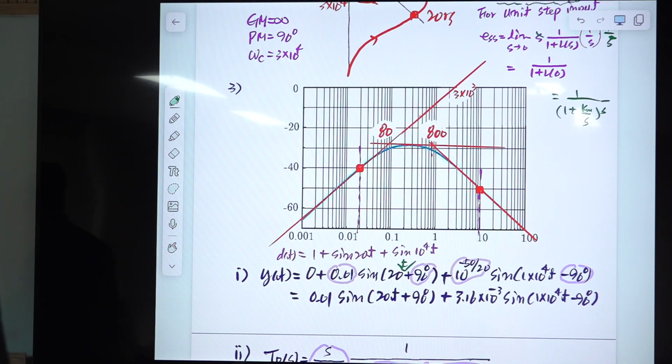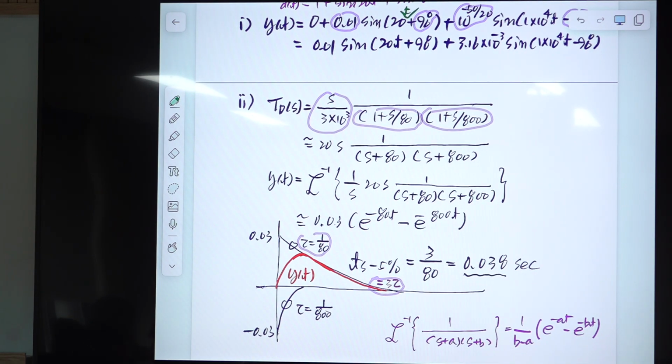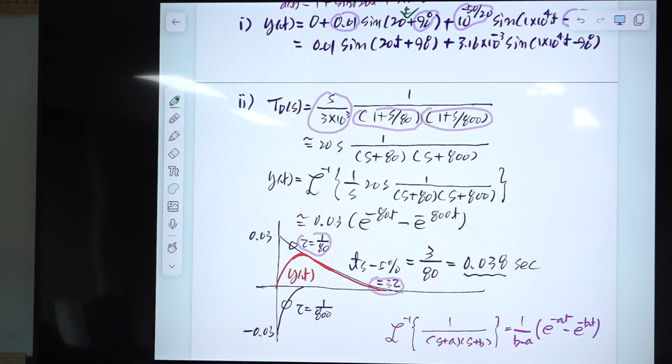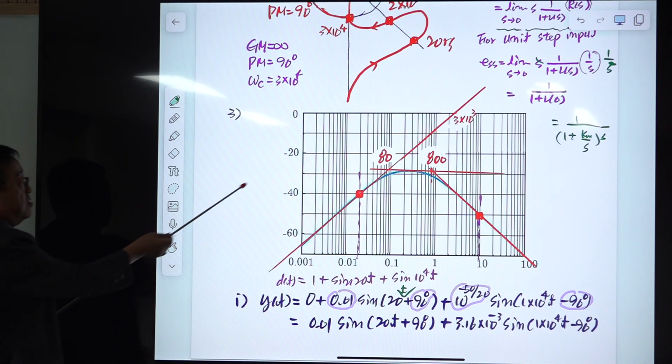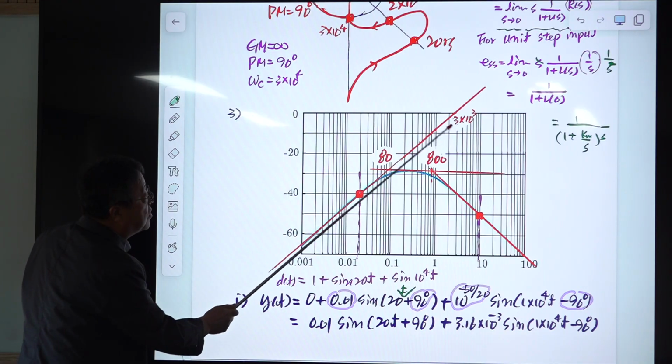Okay, that is the next question. The next question is to sketch the step response, the unit step response of this output due to a step change in disturbance. The transfer function expression of this is very simple to calculate. If you extend this line, it crosses the 0 dB line at this point.